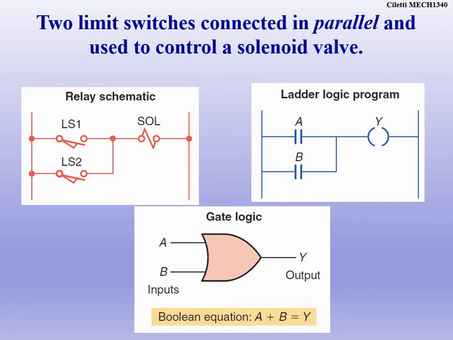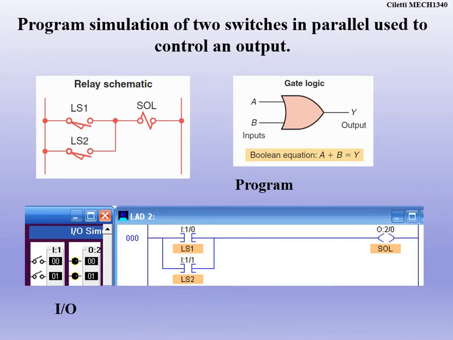So we should see our Boolean equation, our logic gate for an OR. A or B turns on Y. So remember, ORs are in parallel, ANDs are in series when you think logically. In our ladder logic program, we would write this as limit switch 1 or limit switch 2 will turn on the solenoid.